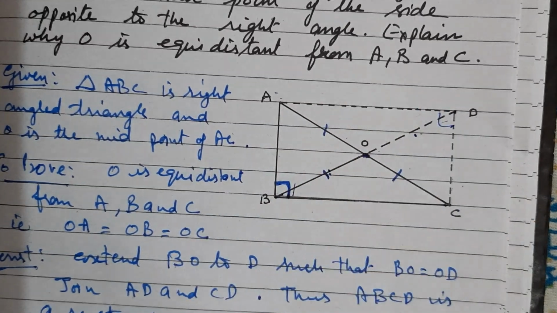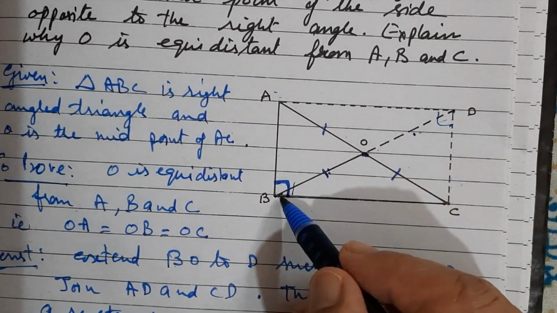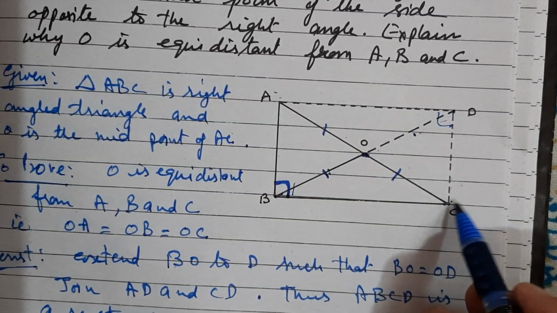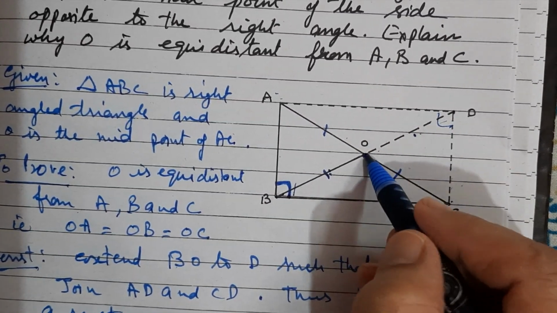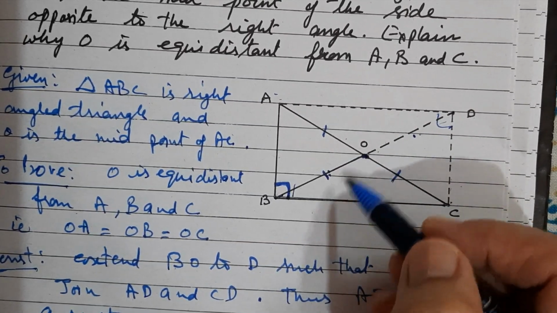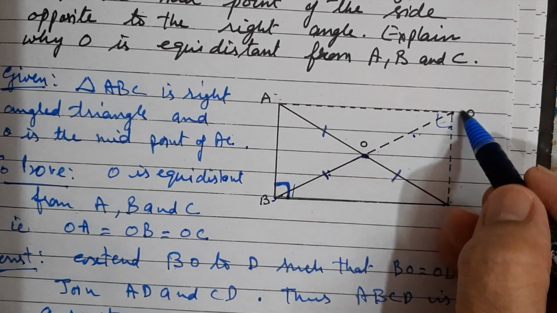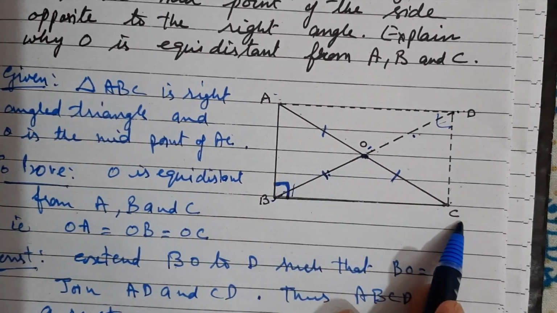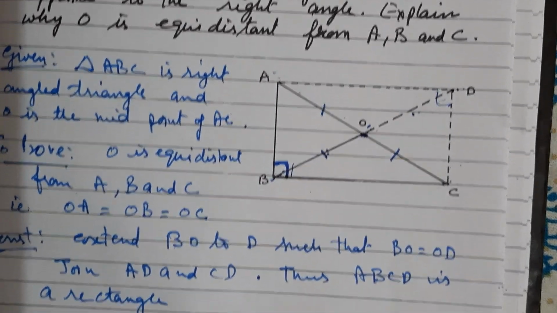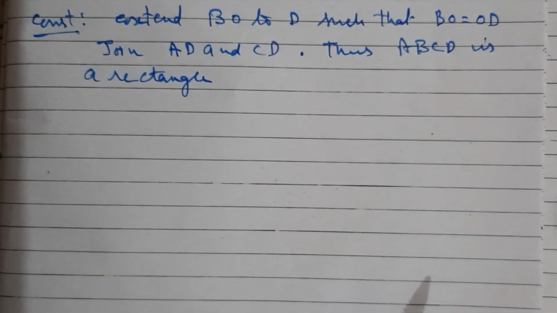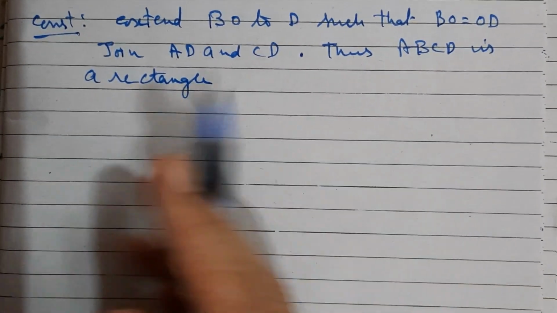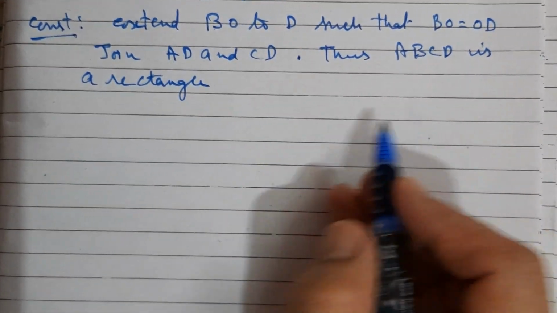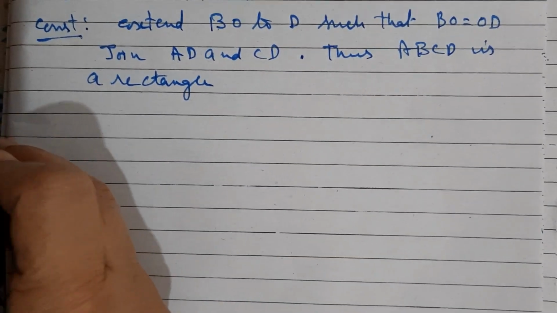The figure will be a rectangle, and in rectangle AC and BD are the diagonals whose length will be equal, and we know that the diagonals bisect each other in rectangle. So it means in diagonal BD, BO is equal to OD, and diagonal AC, AO is equal to OC. Using property of diagonal, the diagonals are equal and bisect each other, we will explain how O is equidistant from ABC. So ABCD is a rectangle.